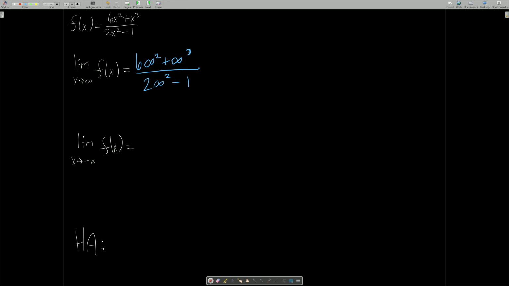This is infinity times infinity times infinity, and this is just infinity times 6. This means nothing, right? Same with this minus 1. This minus 1 means nothing when you're comparing it to infinity. So now you're just considering infinity cubed over 2 infinity squared. If you want, you can cancel out the infinity squared on both sides, so you just have infinity over 2.